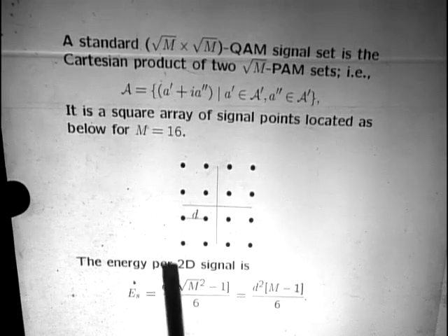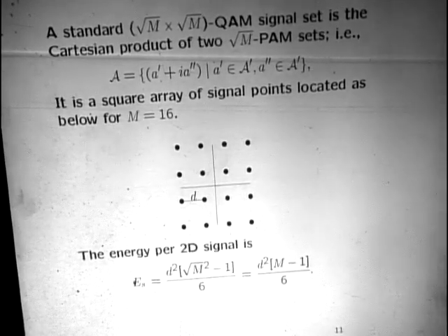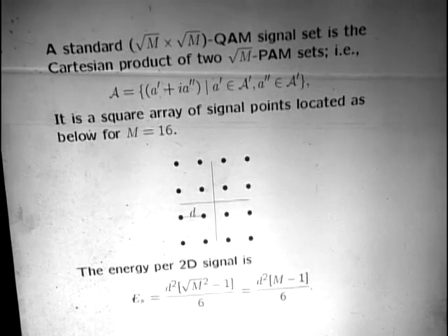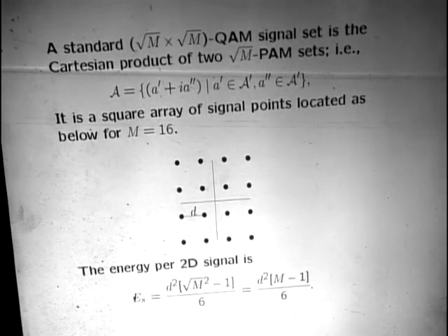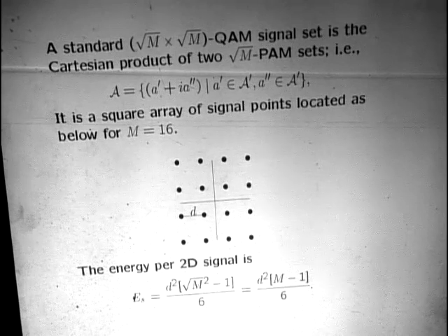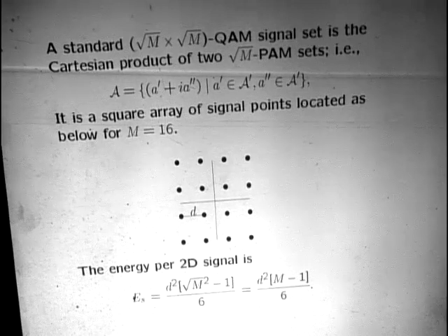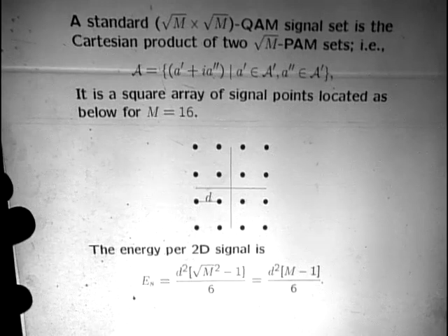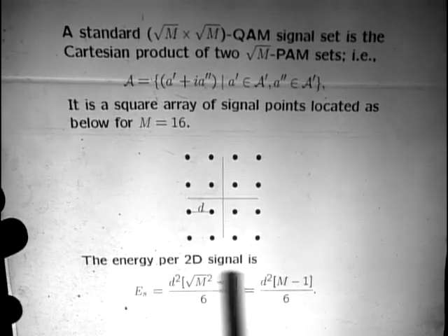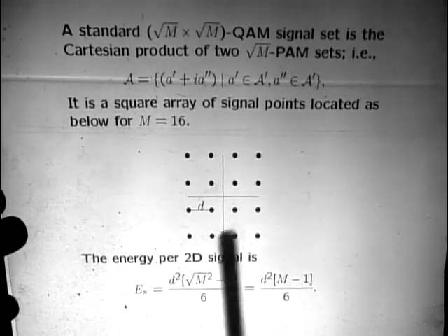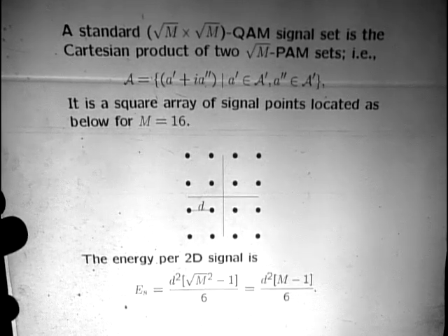If you look at this, you see that the real part is a standard PAM set, and the imaginary part is a standard PAM set, which says you can deal with the real part and the imaginary part separately. You take half the bits coming in and choose your real part signal. You take the other half of the bits, form your imaginary part signal, and bingo, you're all done. We can find the energy per 2D signal by looking at it as two PAM systems running in parallel.